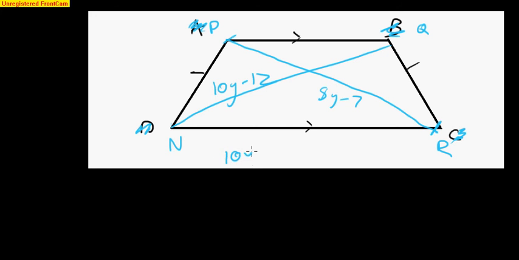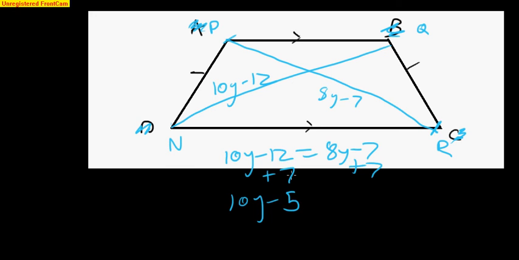So we set 10y minus 12 equal to 8y minus 7. Add the 7 first, just because we can. We're going to get 10y minus 5 is equal to 8y.